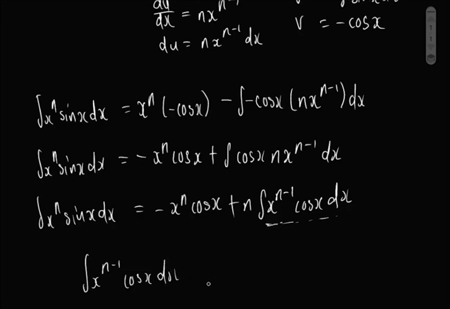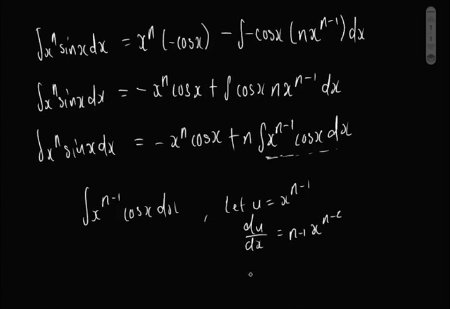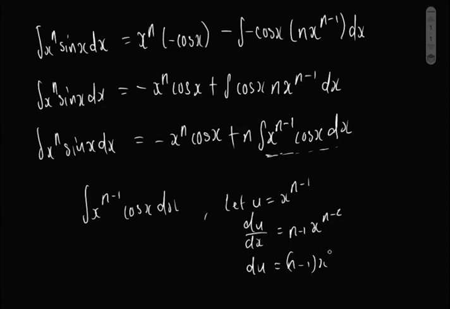We would say let u be equal to x to the n minus 1. That would mean du dx would be equal to n minus 1 x to the n minus 2. And that means du is equal to n minus 1 x to the power of n minus 2, and this is times dx.